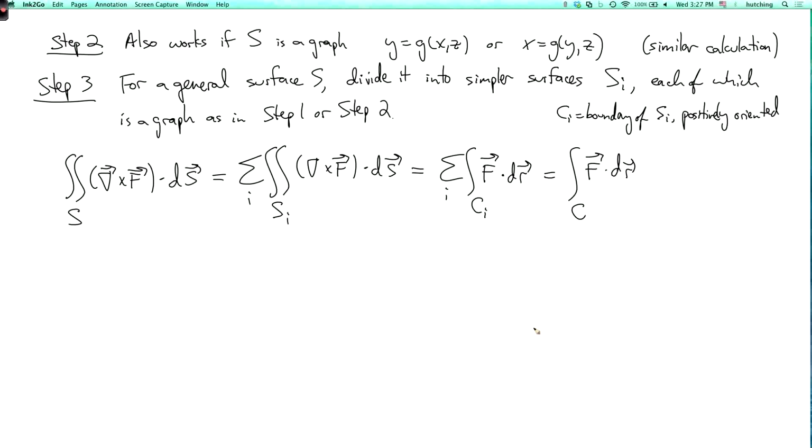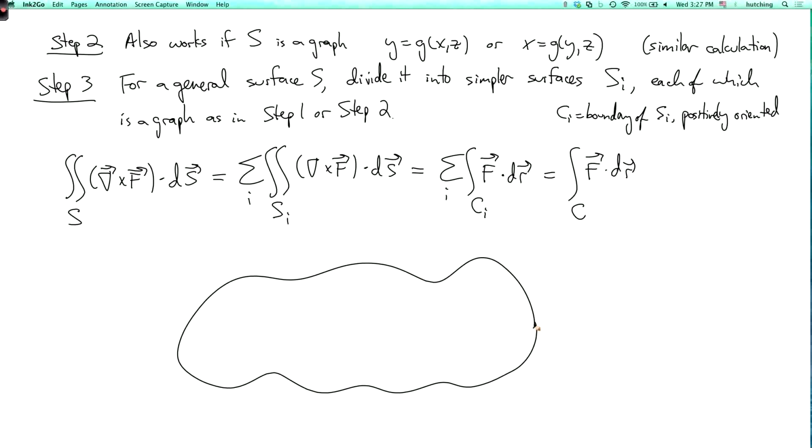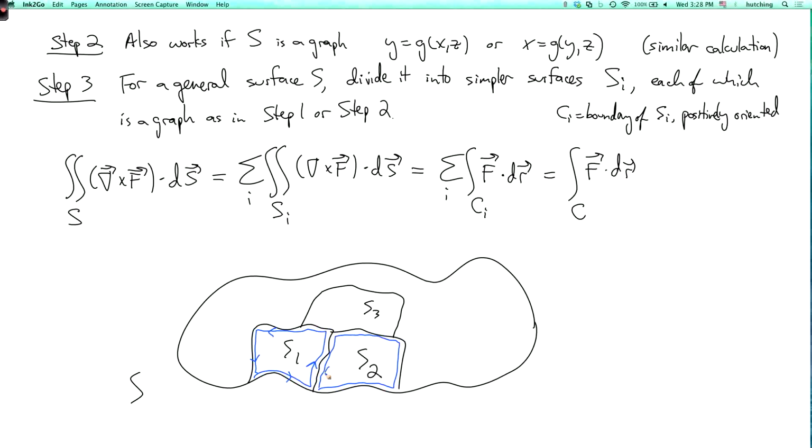And why is that? Well, you have this big surface S, and this is divided into some smaller surfaces, so maybe this is S1, and this is S2, and this is S3, and so on. And each of these surfaces has its own boundary curve, which is supposed to be positively oriented. Now, where two of these surfaces have an edge between them, then there's part of the boundary curve of each of the two surfaces going along that edge. But these boundary curves go in opposite directions. They have opposite orientations.